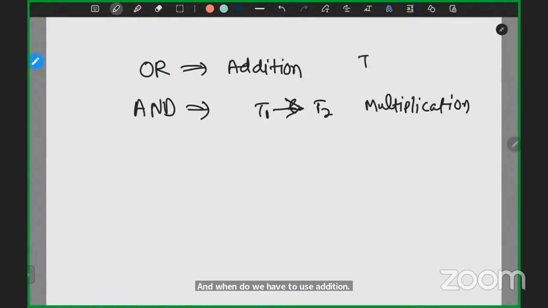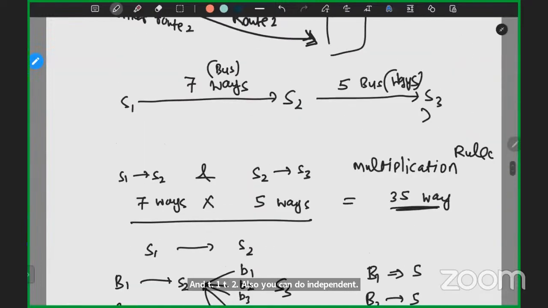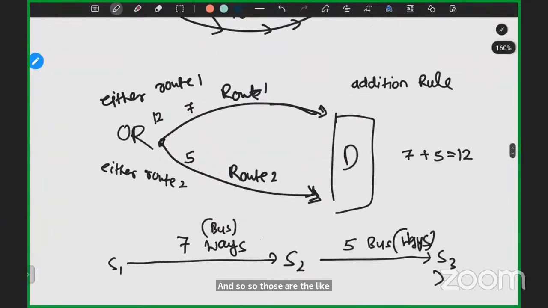When you can do T1 or you can do T2, there's basically no dependency. You can do T1 independently, and T2 also you can do independently. Like the example we took here: I can take either route one, or I can take route two. So there is no dependency, right?